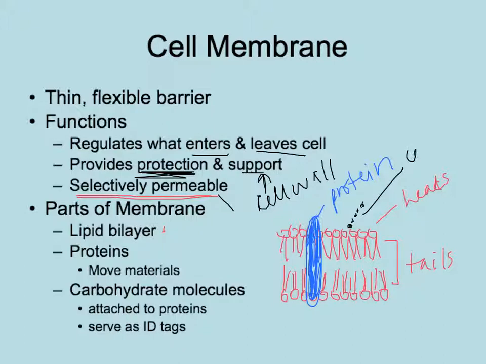So this would be a carbohydrate, and that carbohydrate is going to be like an ID tag, telling other cells what kind of cell the current cell is. It's going to allow them to identify one versus another. So that's your basic structure of the cell membrane. You have the phospholipid bilayer, you have the heads, and then you have the tails. There's proteins within it, and there's carbohydrates on the outside.